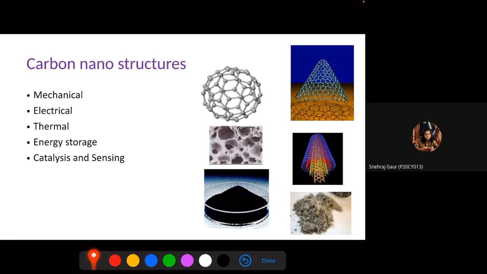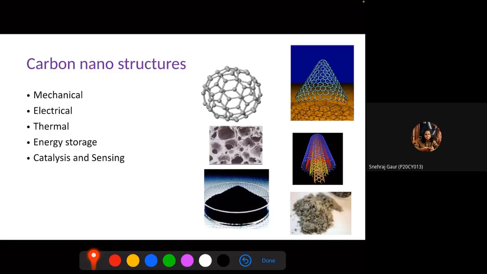And this field is still very interesting. Although, once graphene was introduced, the research on carbon nanotubes, particularly for electrical devices, declined; these carbon nanotubes are not much used actually.